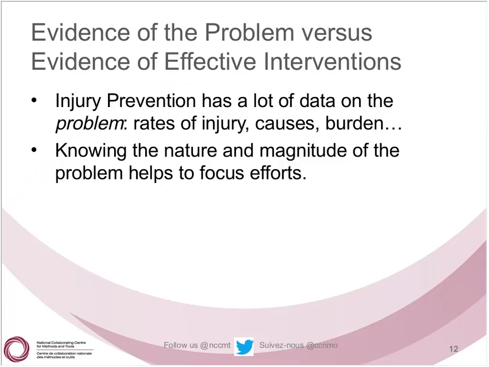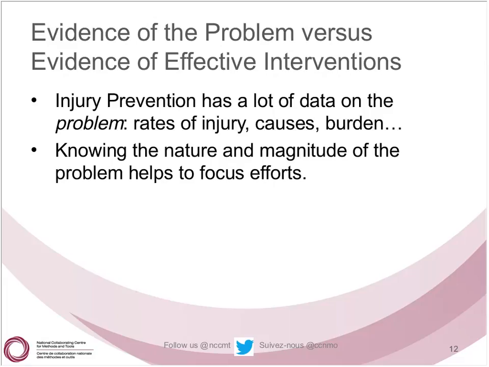So there's actually quite a lot of data compared, let's say, to other fields in public health. And this can really help because we get an understanding of what's the nature of the problem and how big is the problem. And we can focus our efforts depending on the size of the problem and where it is.